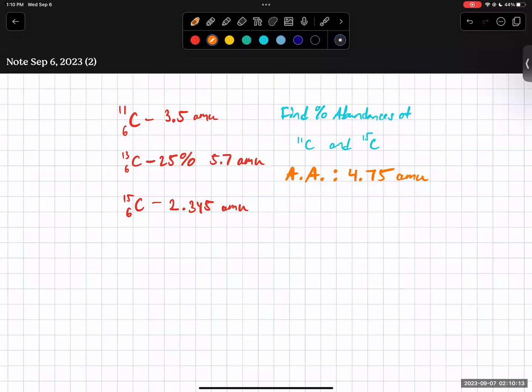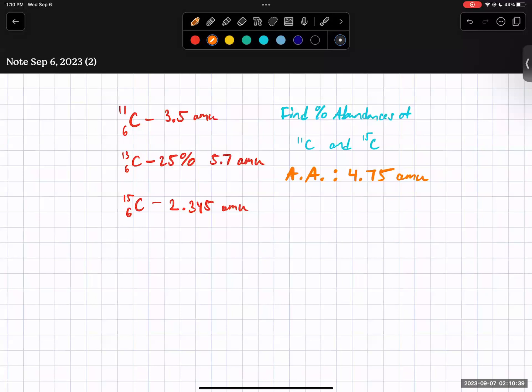We know that its mass is 5.7 times 0.25. We're going to convert this to a decimal, because if you forget the percent sign in the calculator, you're doing 5.7 times 25, not 0.25.